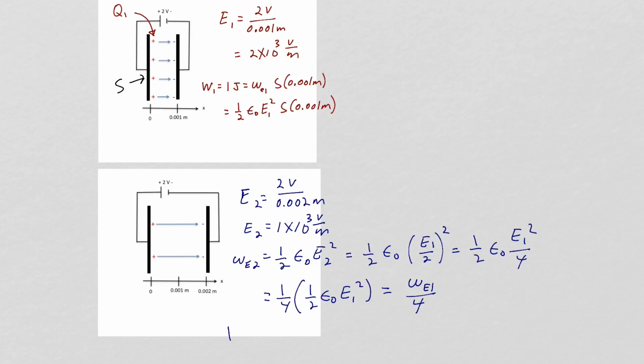So the energy is the energy density times our volume, which we see is half the energy we had before the plates were separated. So the energy stored in the capacitor has been reduced to 1/2 joule.